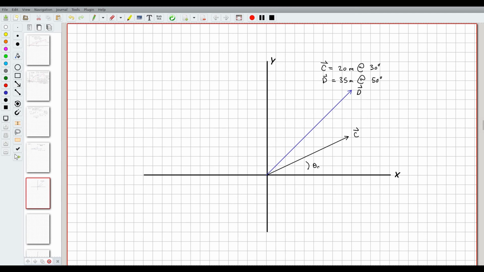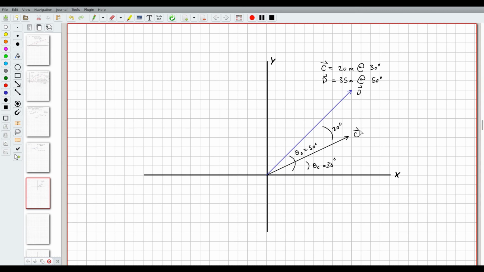This angle right here, theta sub C, is 30 degrees. This angle right here, theta sub D, is 50 degrees. And the angle between them is 50 minus 30, or 20 degrees. So the length of D is 35 meters.